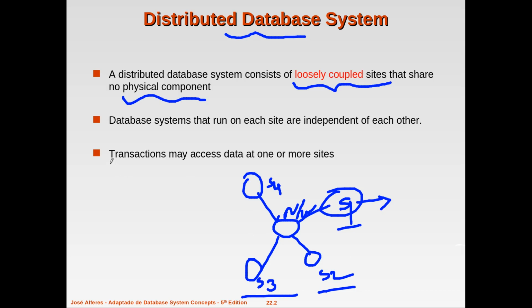Now when we try to do some transaction, they may access data from one or more sites. That is the benefit of using a distributed database system. Even if the sites are distributed, even if the memory or disk are distributed, if we require some data for a particular transaction, it can be initiated from a particular site and can access data that may be stored in different sites.